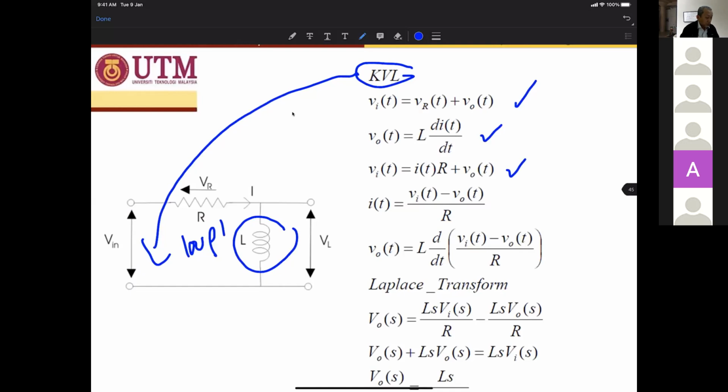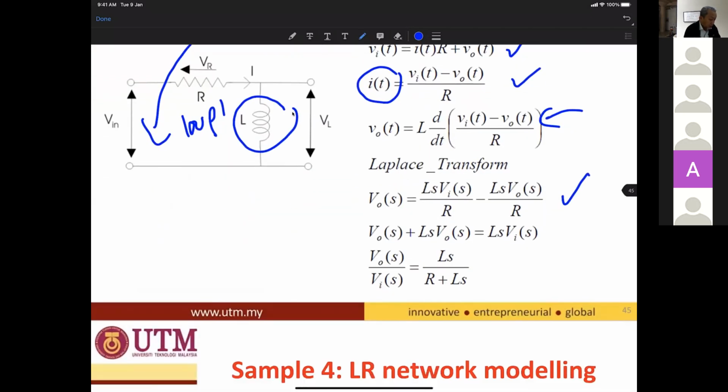Then we rearrange the current. I is equal to Vi minus V naught over R. And then V naught equals L di per dt, so we replace the current that flows in the inductance with this expression. Then we apply Laplace transform, then we obtain the transfer function, which is Ls over R plus Ls.